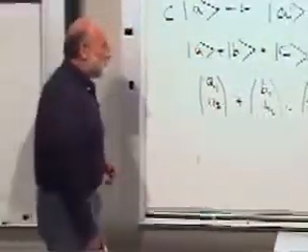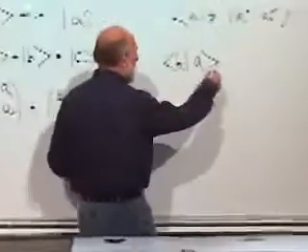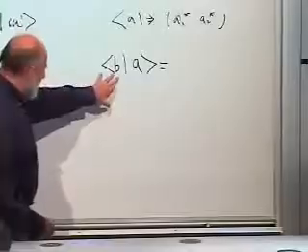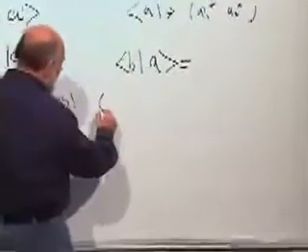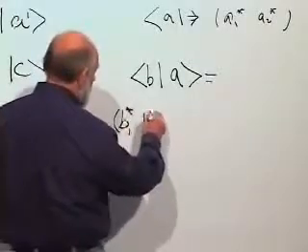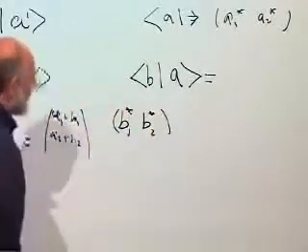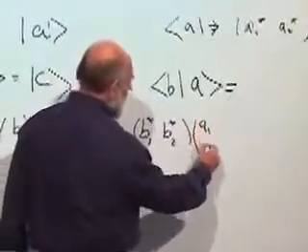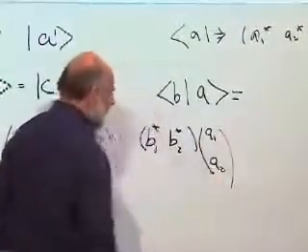Good. The rule is, you take the two vectors. The B vector is a row vector, and you write B1 star, B2 star. That's the representation of the B vector, and the representation of the A vector is A1, A2. You do not star it.